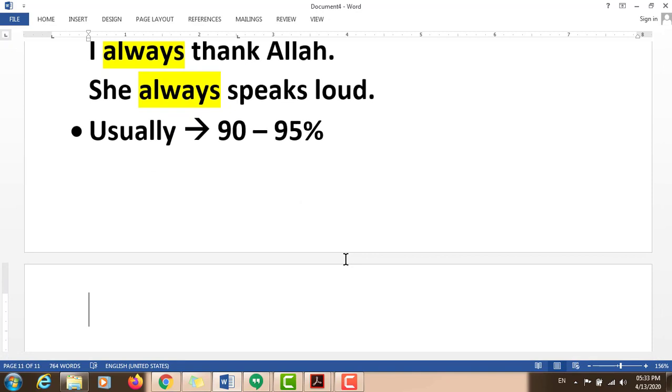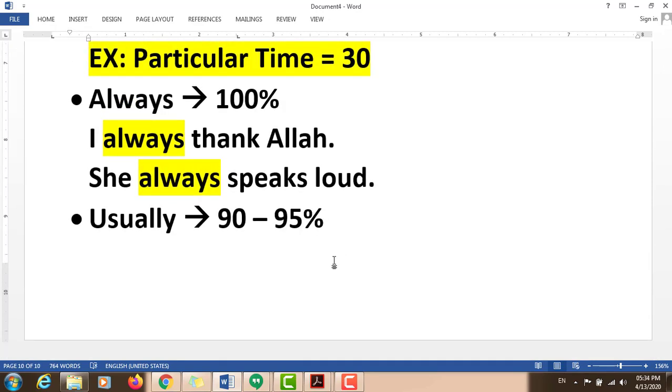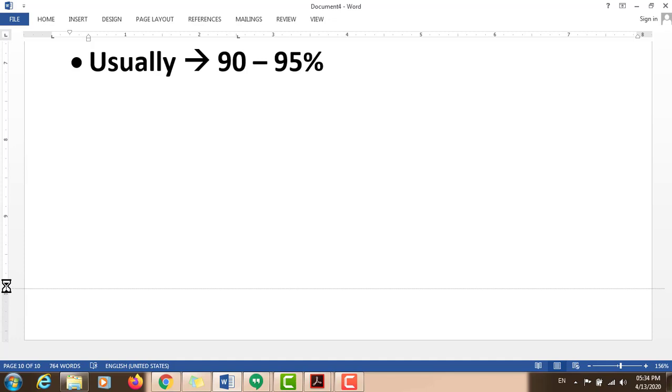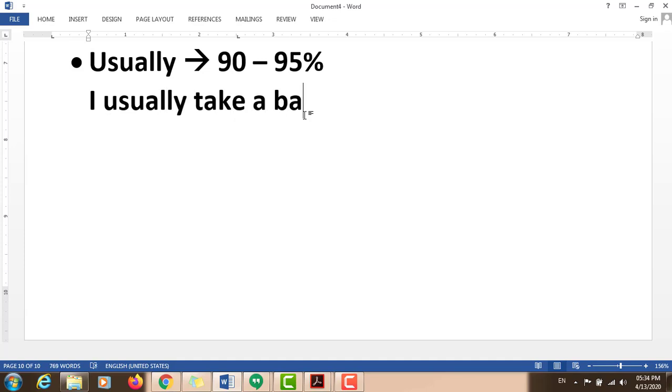This is what will happen. So I usually take a bath before I go to work. I usually take a bath before I go to work.